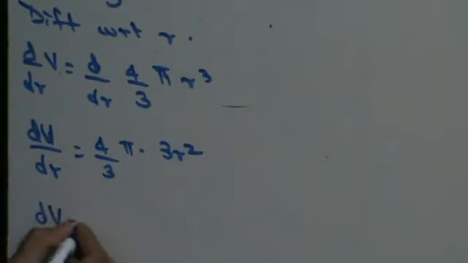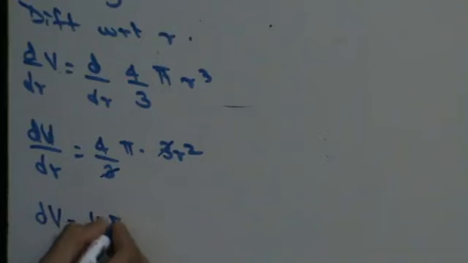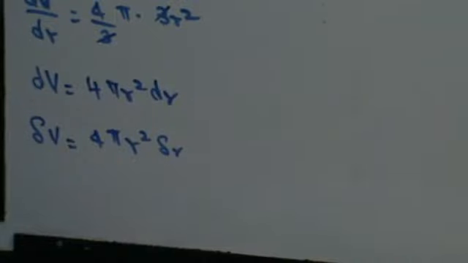In that case I can say that dV is nothing but, 3 and 3 get cancelled, 4 pi r square into dr. d can be written as delta. So delta V is equal to 4 pi r square delta r. Right, do we get this thing here?